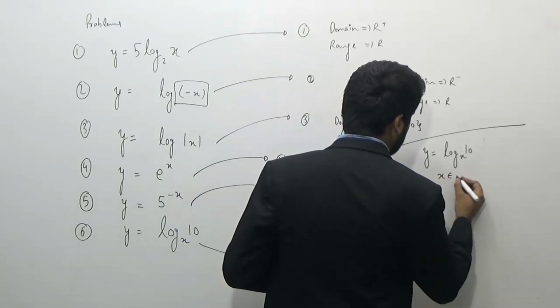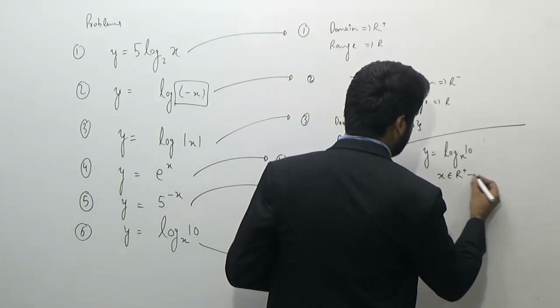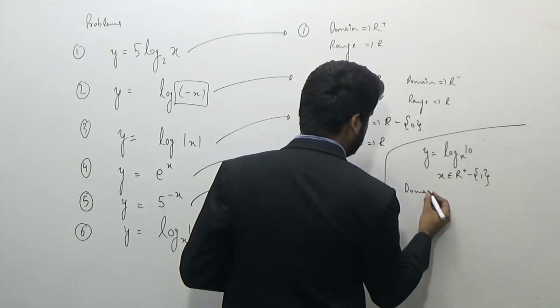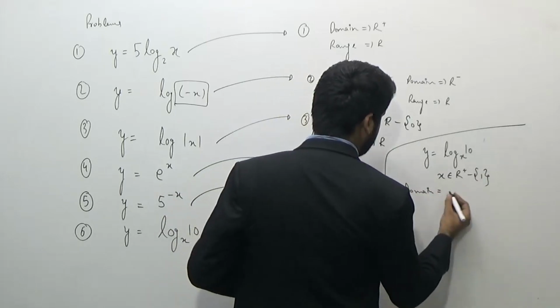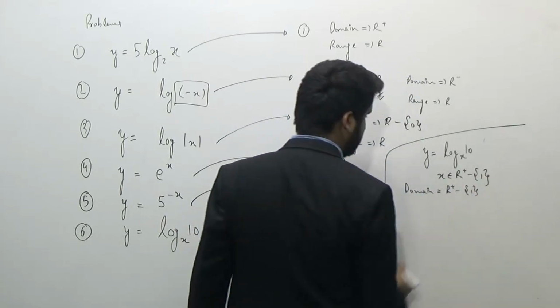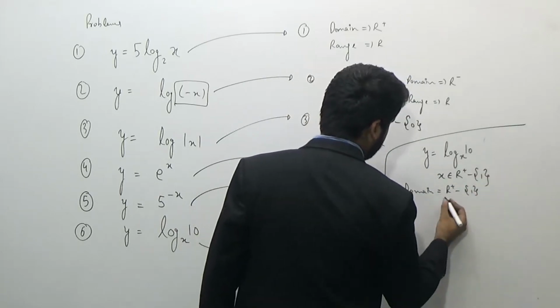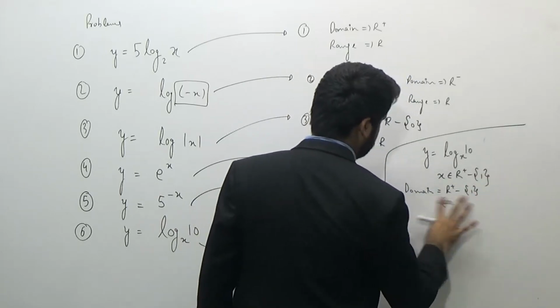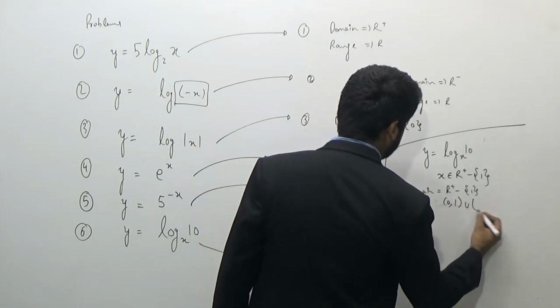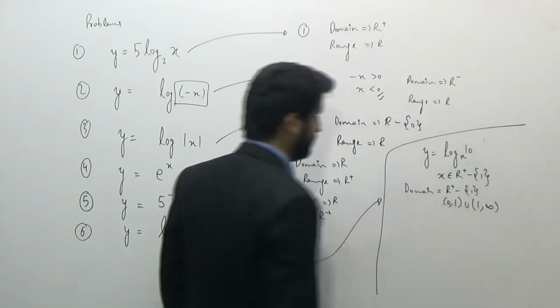We know that the base can be all positive real numbers except 1. So the domain here will be all positive real numbers except 1. Or if you want to write it in the form of intervals, this will be 0 to 1 union 1 to infinity.